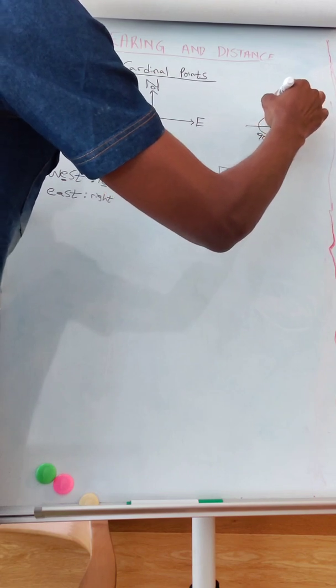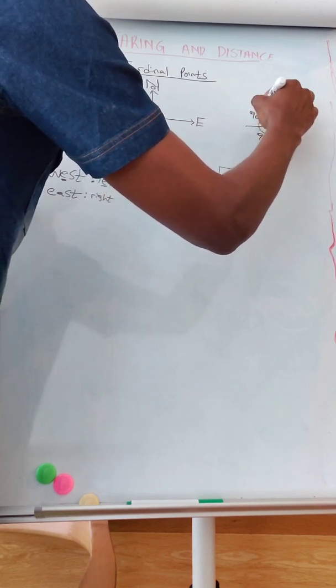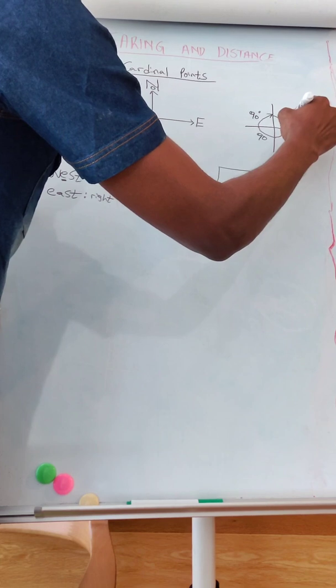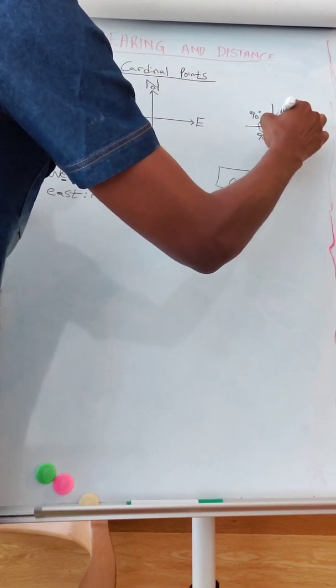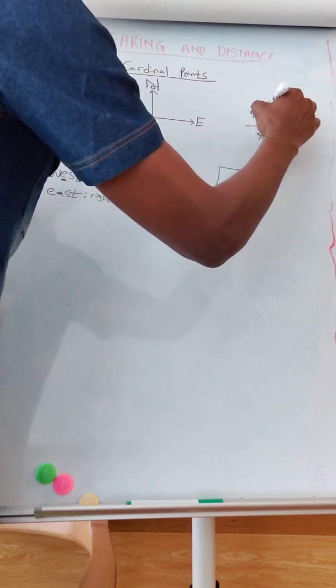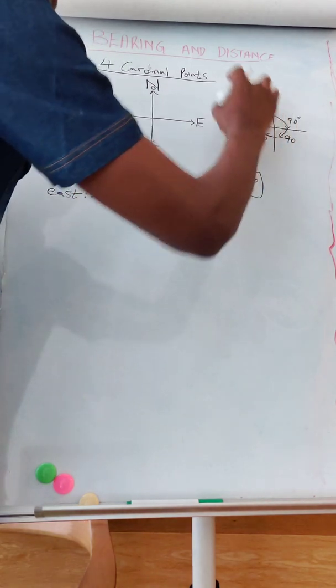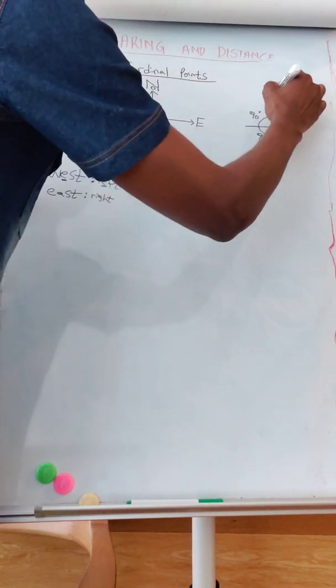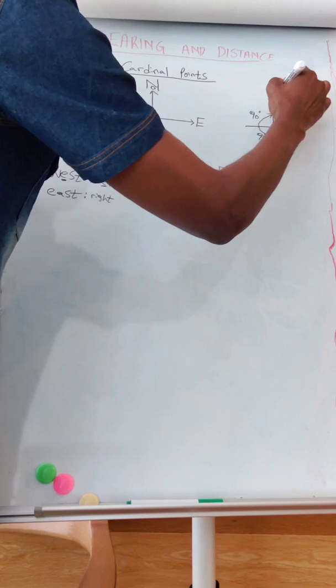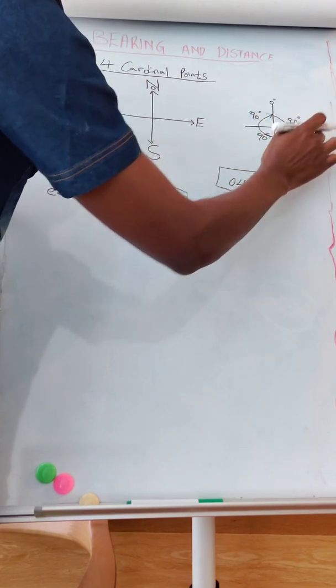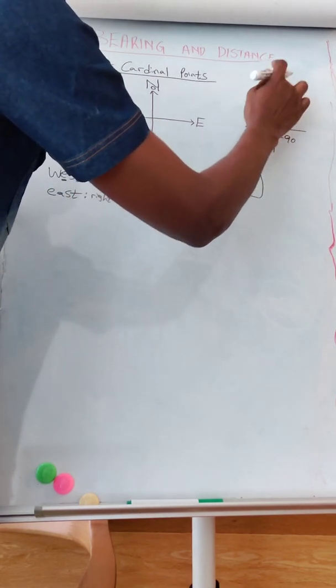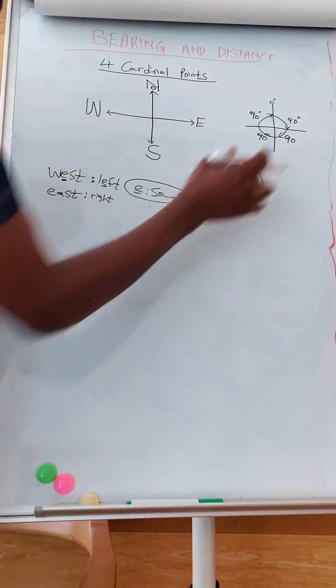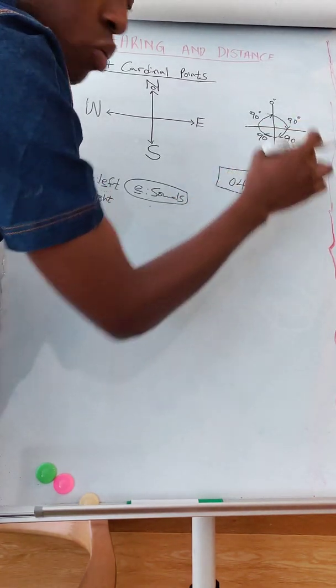Then another 90. And don't forget, it is always clockwise. It is moving in the direction of a clock. This is 0 degrees, and at the end of the day it gives you 360 degrees. You know, that is the angle in a cycle.